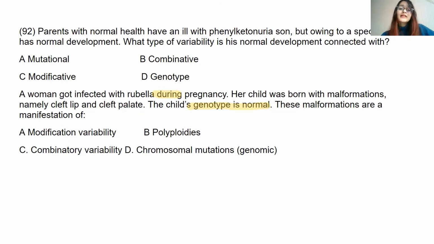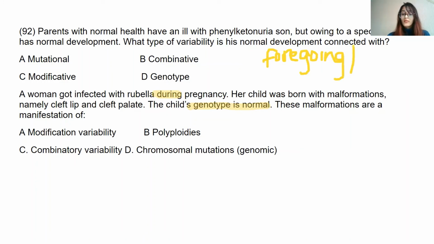When the woman has an infection or anything teratogenic during the pregnancy, the genes were already formed. So his genotype should be normal, although they have also mentioned in the question that the genotype is normal. But you should read in the question whether they have written during pregnancy or before pregnancy. Before pregnancy is also written as foregoing pregnancy.